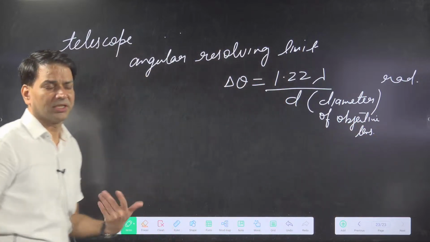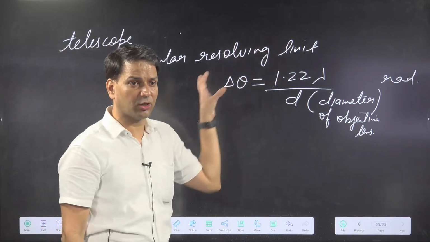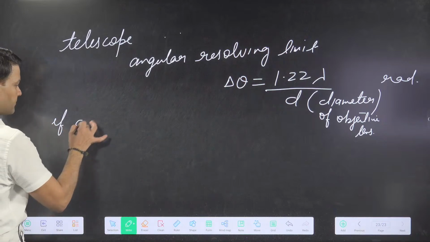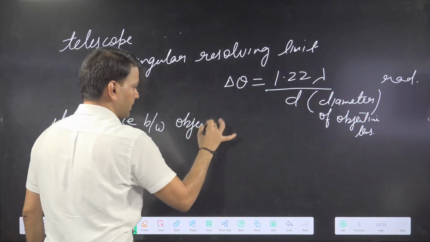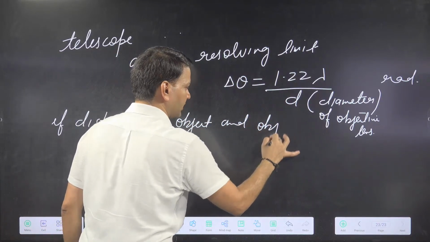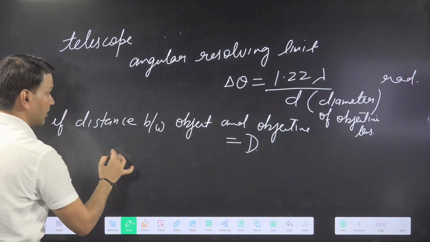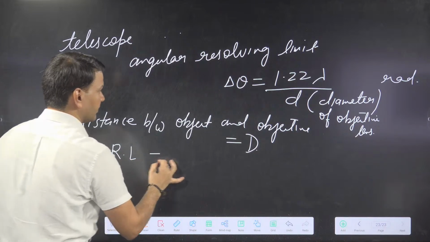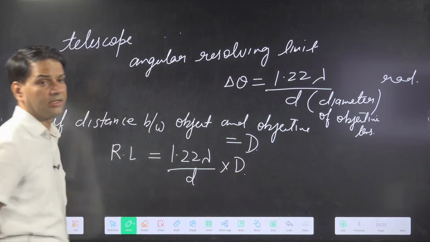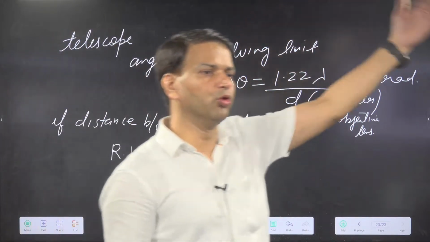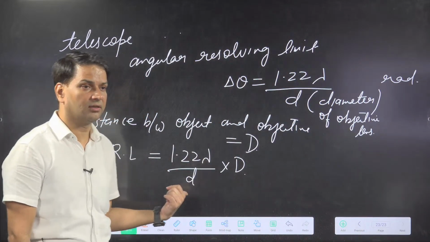Okay. If the options are given in meter, centimeter, micrometer, then they will give the distance between the object and the objective. So if the distance between the object and the objective is capital D, then the resolving limit we can say is 1.22 lambda by small d into capital D. Like they have given the distance of the moon from the earth, and lambda, and the diameter of the objective lens.